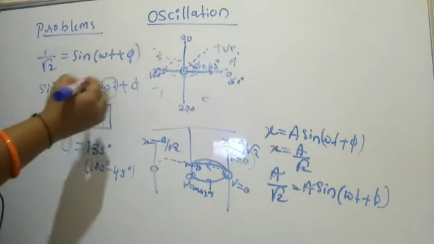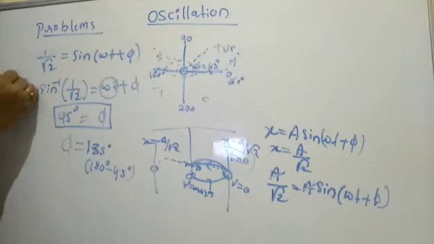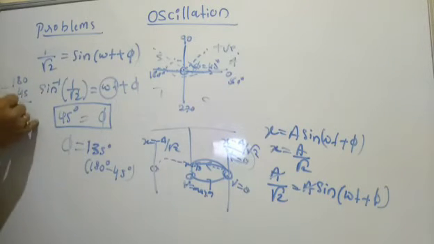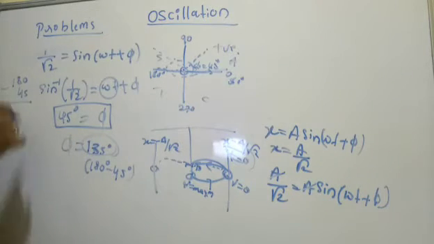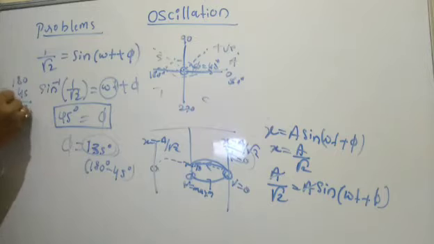So will you get it or what? Let us cross check. So 180 minus 45 degree, if you calculate it, you will get the same 135 degree. Is it correct or not? Let us go ahead. So 5, 5. So 8 minus 5, it is 3.